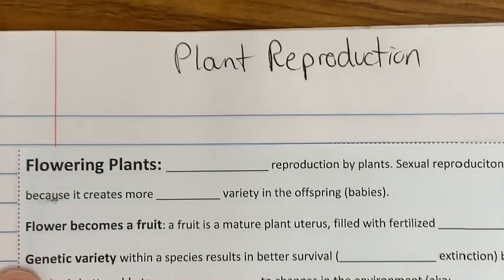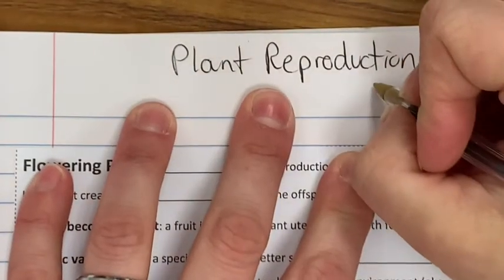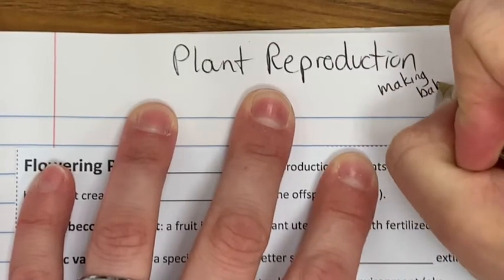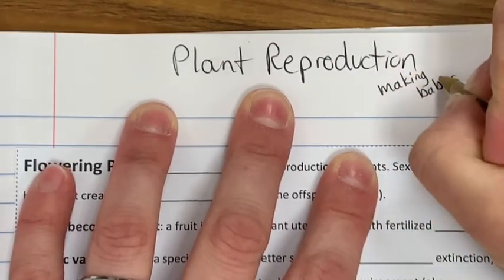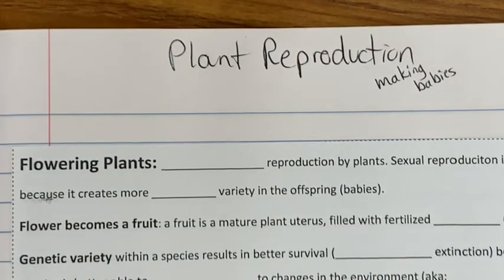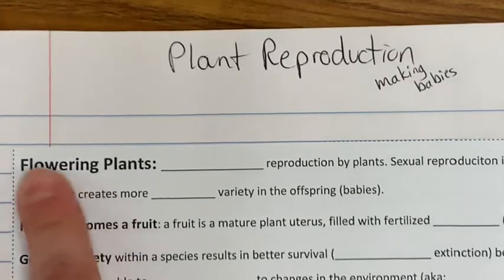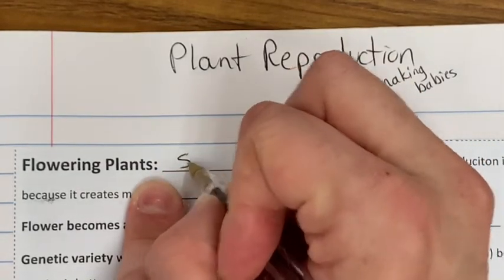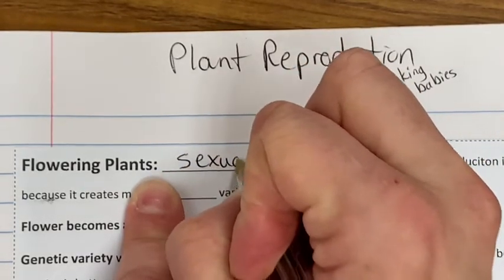So plant reproduction. Reproduction, we're talking about making babies, making the next generation of plants. How does a plant do that? Well, not all plants do it the same way. The plants that create flowers, the flowering plants, this is a form of sexual reproduction.